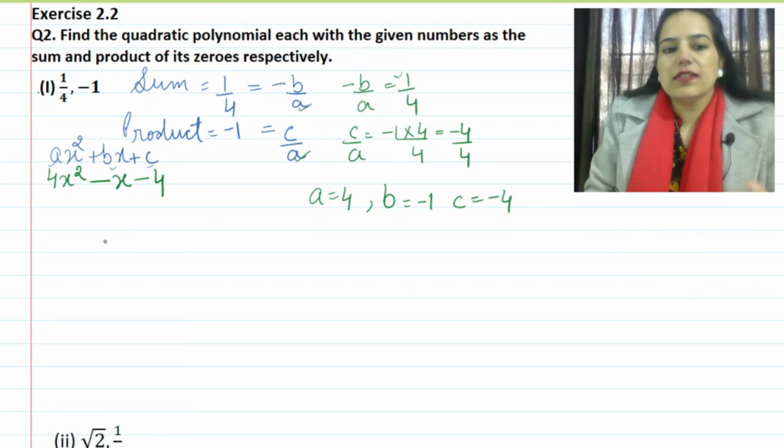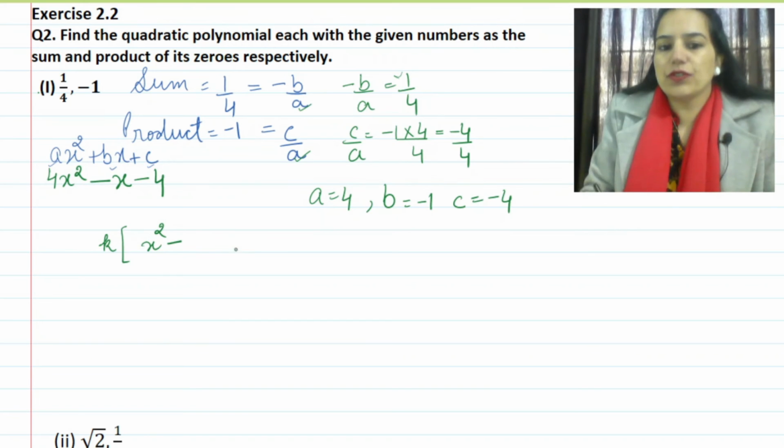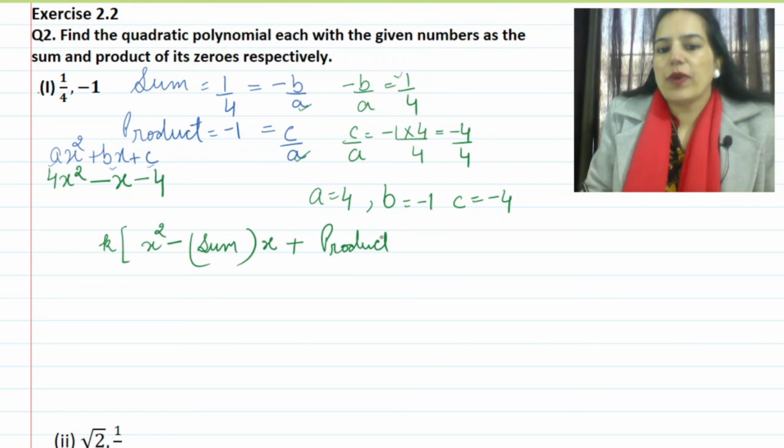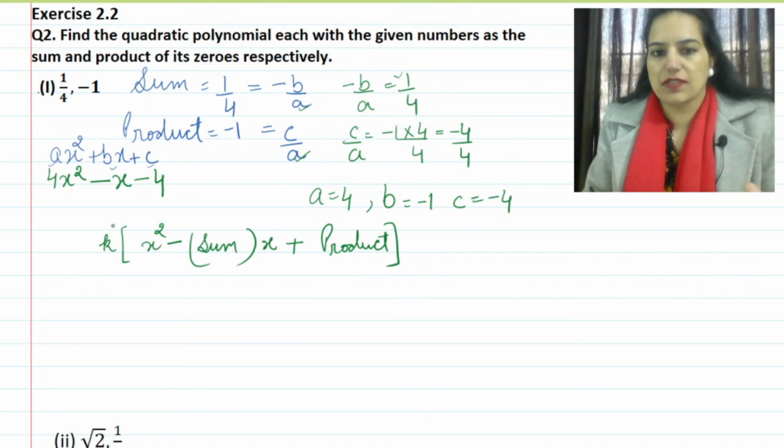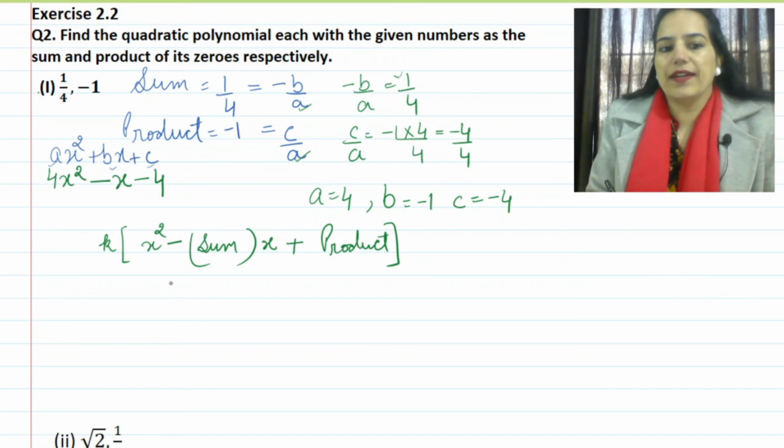The other way is k times x square minus sum of the roots multiplied by x plus product of the roots, where k will be used to get rid of the fractions and we can drop that also at the end. So it is x square minus sum, which is given 1 by 4, x, plus product, which is given minus 1.